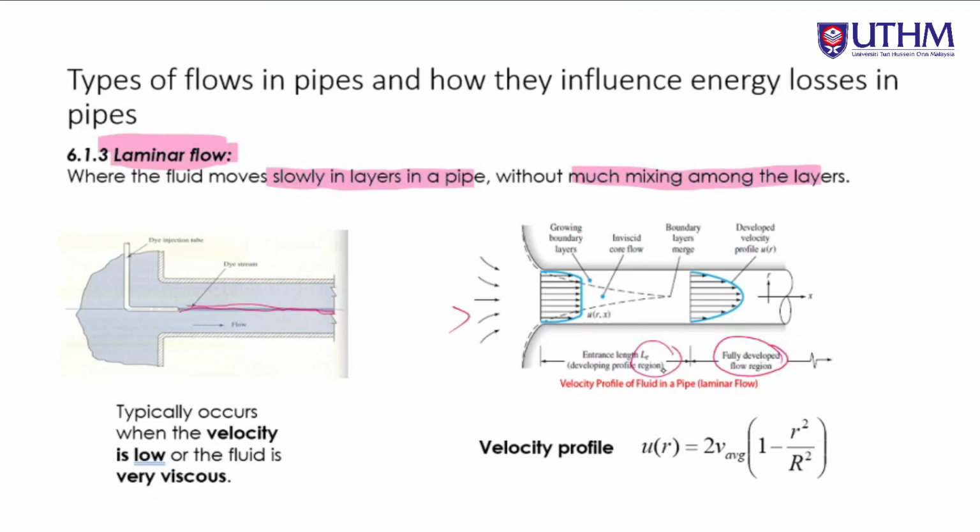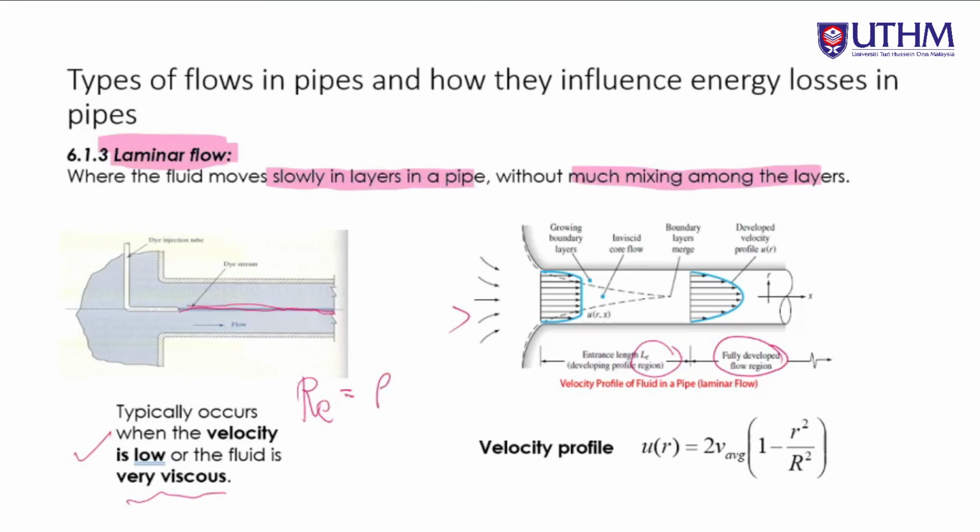Okay, cumanya for laminar flow, the entry length dia lagi rendah lah compared to entry length for a turbulent flow. Okay, for this laminar flow, it typically occurs when the velocity is low or the fluid is very viscous. Okay, so kita tengok balik rumusan apa pun, in any explanation in fluid mechanics, it is the best if you could refer back to the equations.